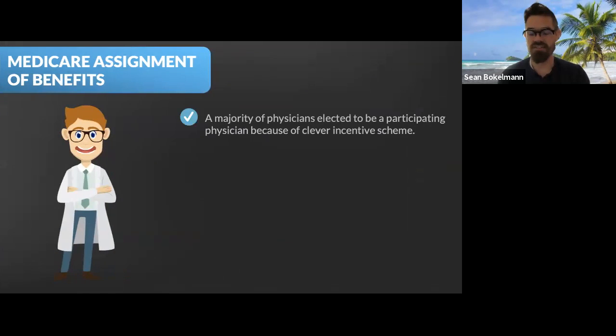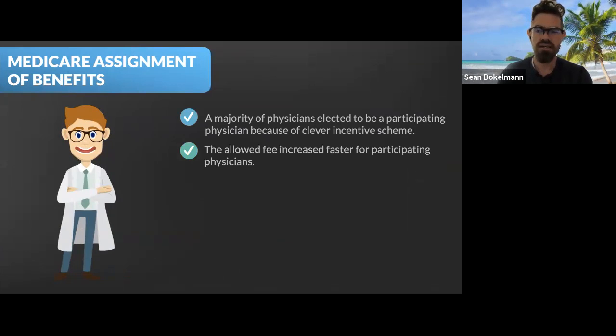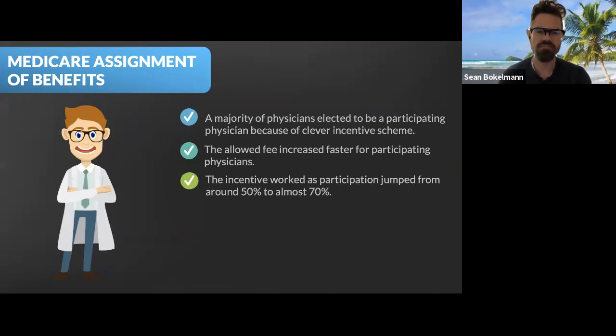And as it turned out, the incentives were good and strong, and so a majority of physicians elected to be participating physicians. And what this allowed was for them to increase their fees more rapidly than non-participating physicians. And obviously the incentive worked. Participation jumped from around 50% to almost 70% when the change was instituted.